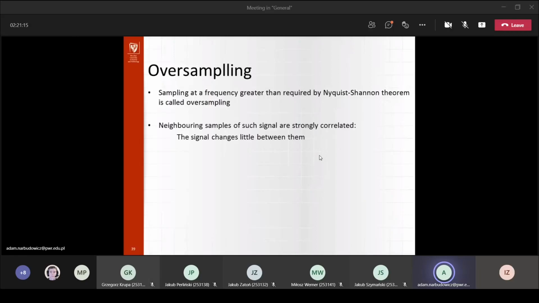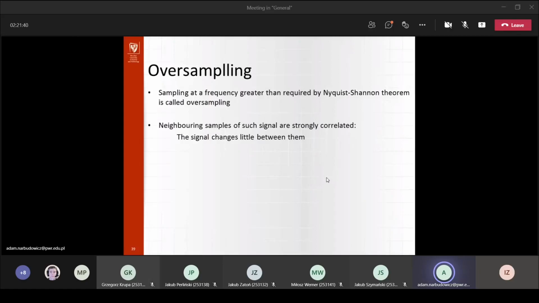Okay, this basically means that the neighboring samples of the signal are strongly correlated, right? Because the signal changes little, and there is a form of predicting the next or the previous sample from the previous one.